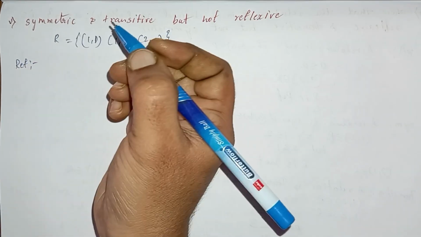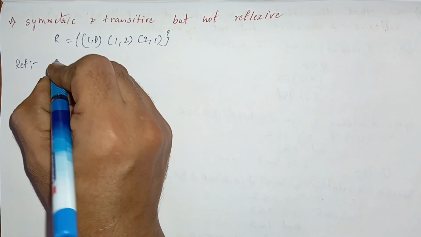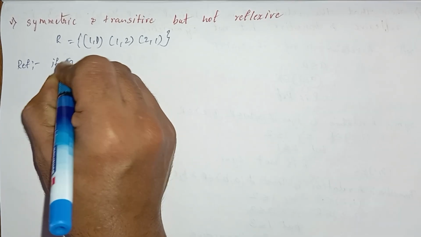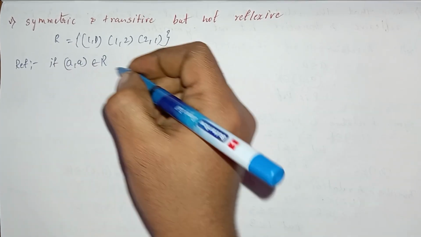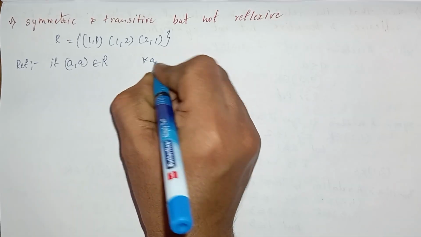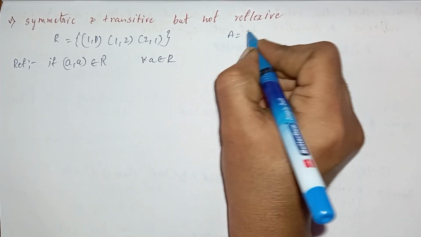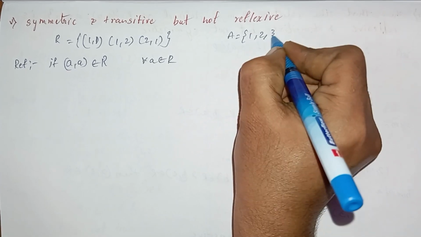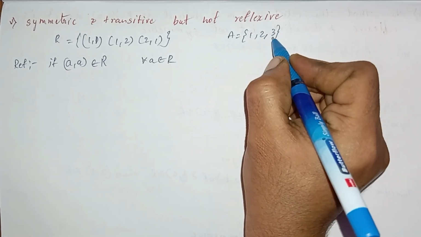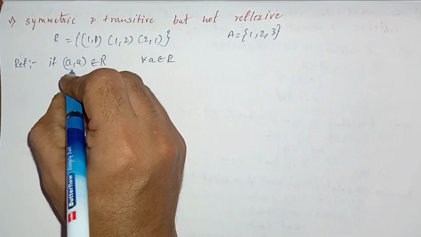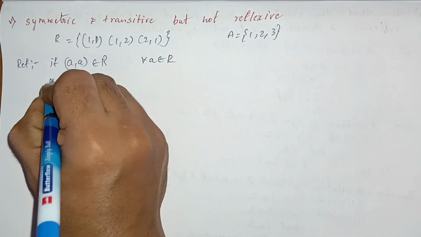First we'll check for reflexive. A relation is reflexive if (a, a) belongs to R for every a. Here A has 1, 2 and 3, so all of them should be there: (1, 1), (2, 2), (3, 3).